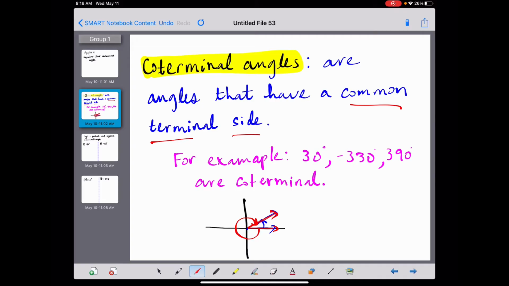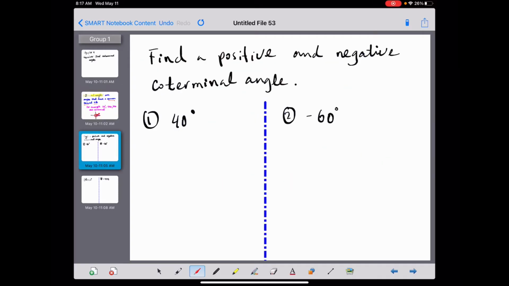Okay, so let's do the problem. In here it says find a positive and negative coterminal angle. In order to find them, you can draw pictures or you can just either add or subtract 360. So if I want to find a positive coterminal angle, all I have to do is go 40 degrees plus 360 degrees.